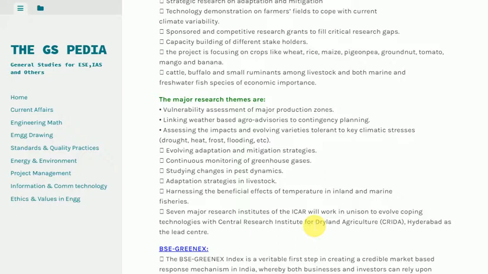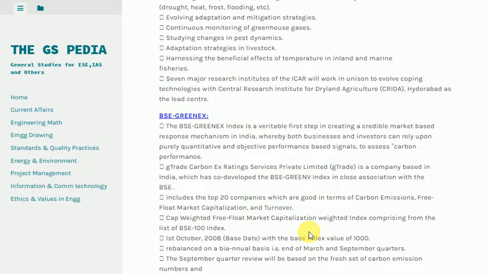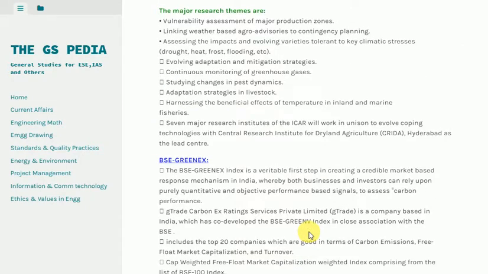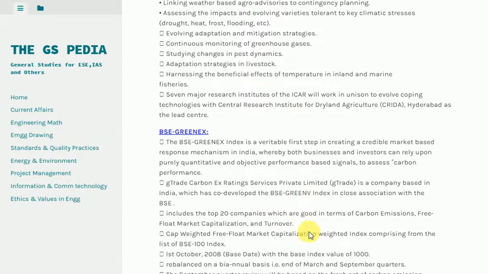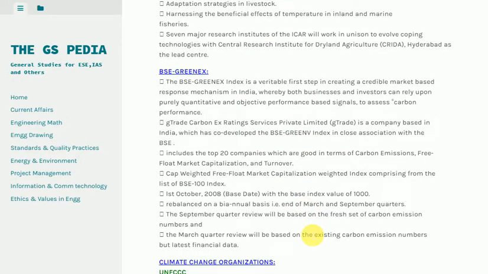It includes the top 20 companies which are good in terms of carbon emissions, free float market capitalization, and turnover. It is a cap-weighted, free float market capitalization weighted index comprising companies from the list of BSE 100 index. It has an October 2008 base date with a base index value of 1000.